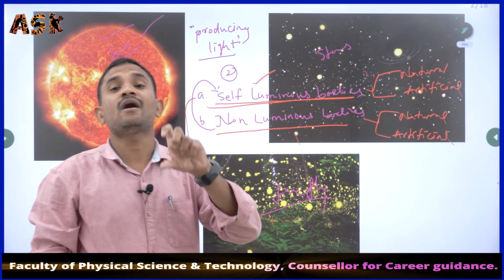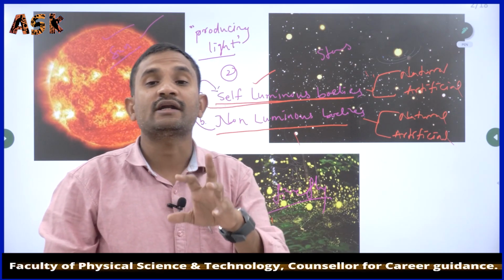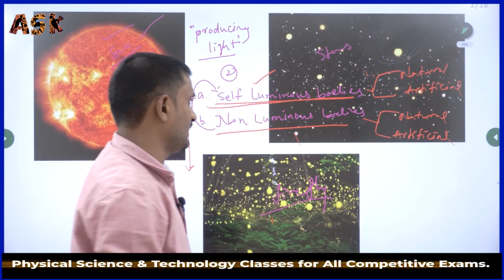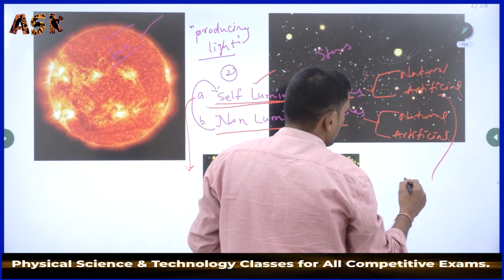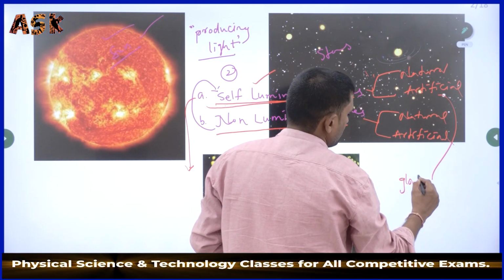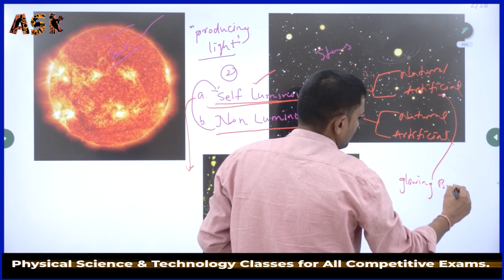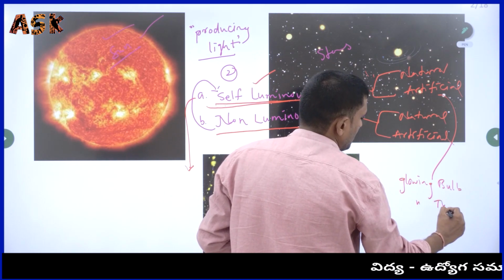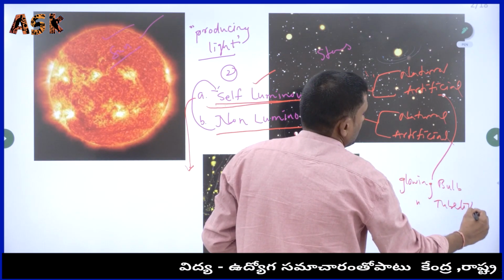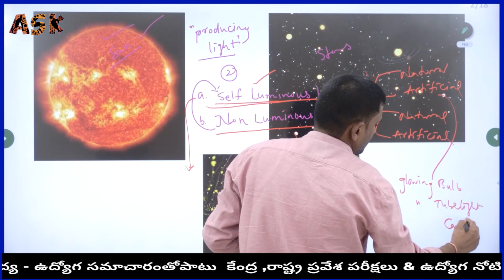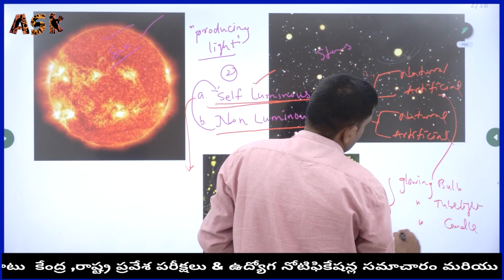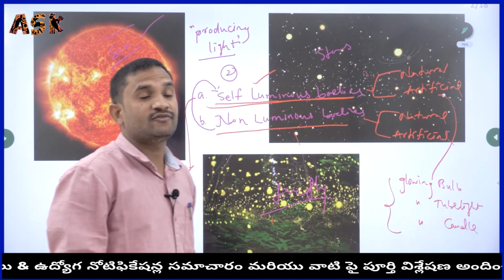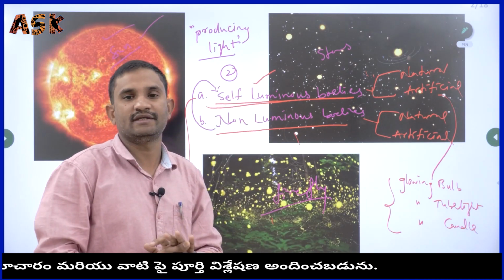Yes, sir, what are the best examples for artificial self-luminous bodies? For these, a glowing bulb, a glowing tube light, a glowing candle.